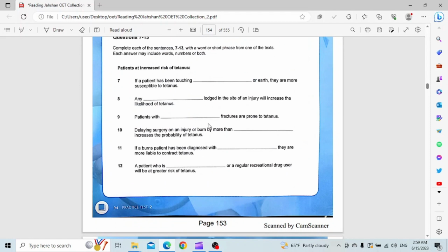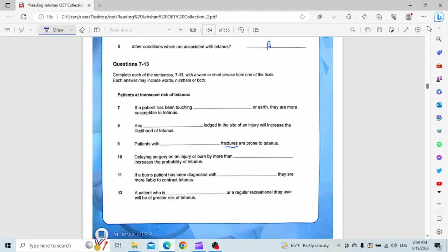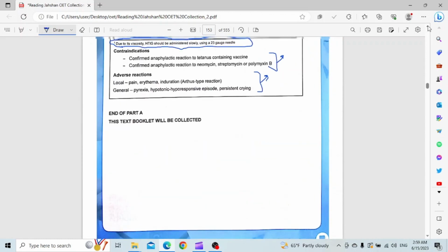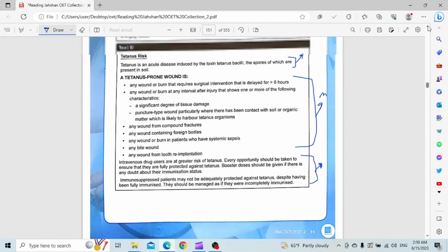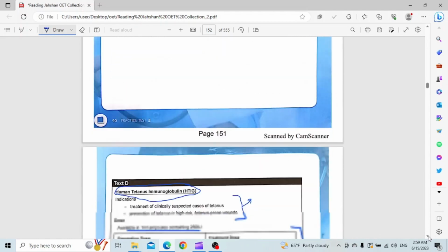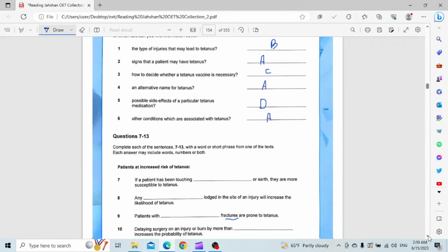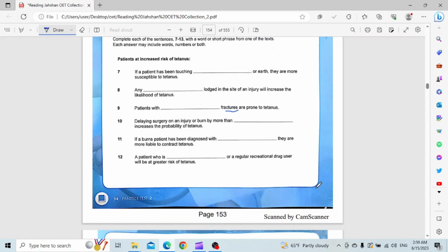Patient with what fracture? You have just read fracture. That is how you become smart and how you practice. You will find it very easy because the kind of fracture is compound, right? Because you have just read the text, your ability to find it will be much easier. And I want you to know that you have to do damage control.